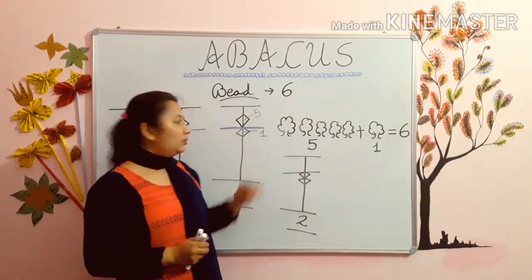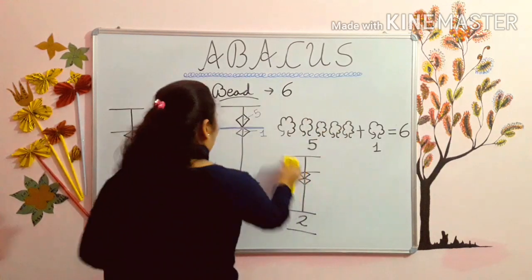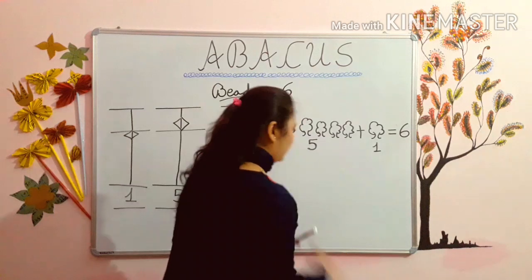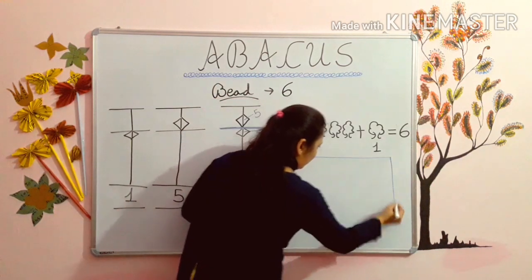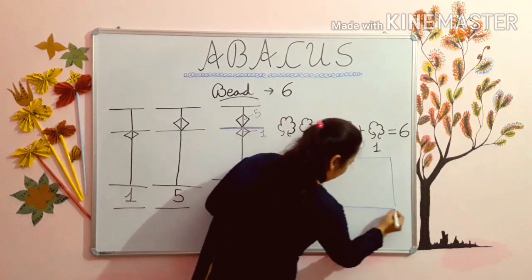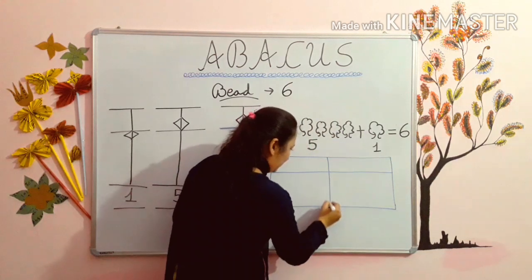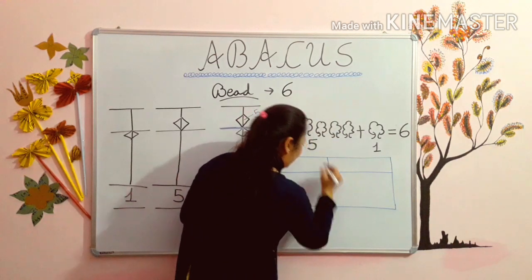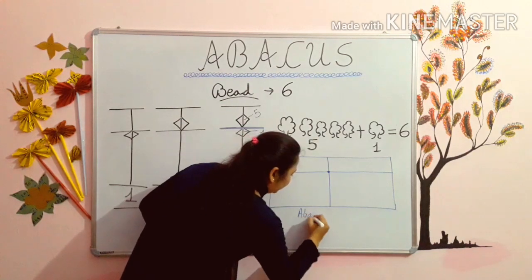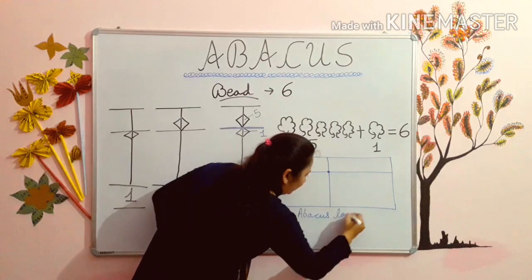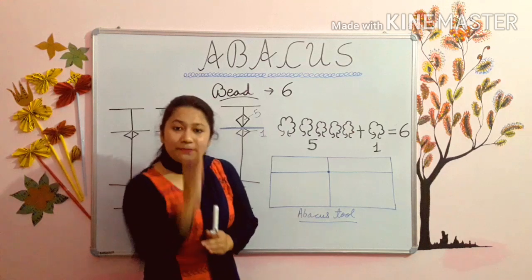Now I will tell you this bead in the abacus tool. See, this is your abacus tool. And this is the midline. Midline means the line in the middle.